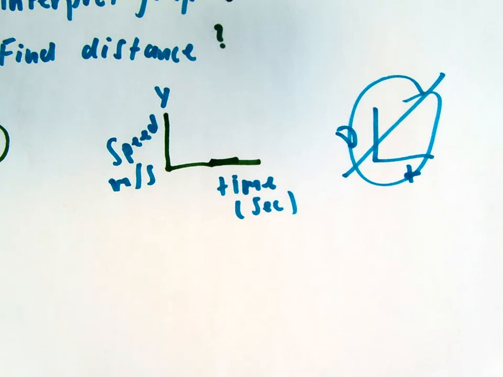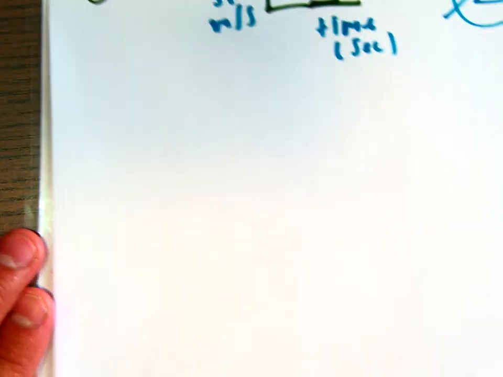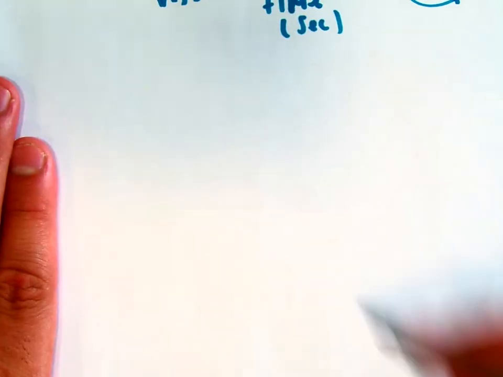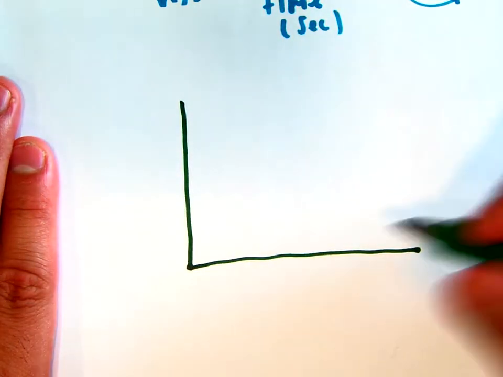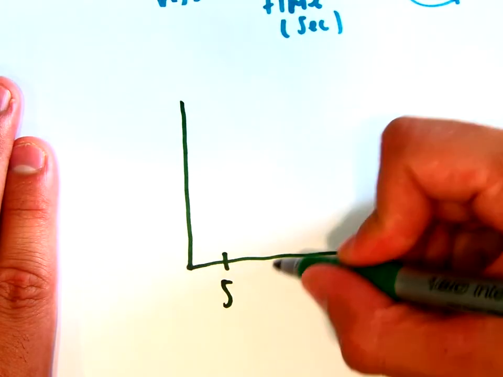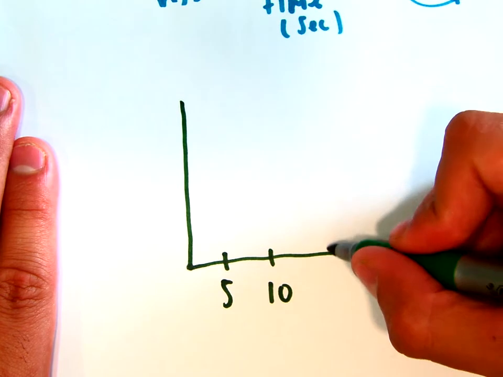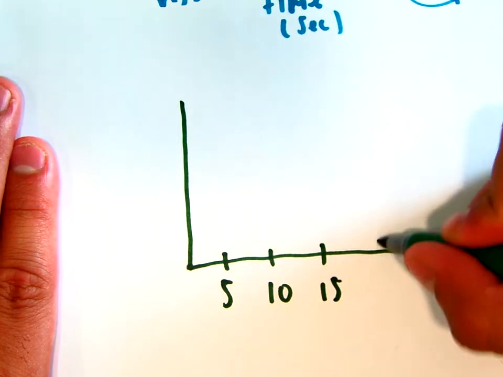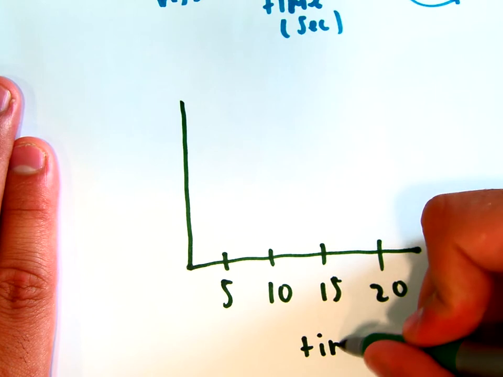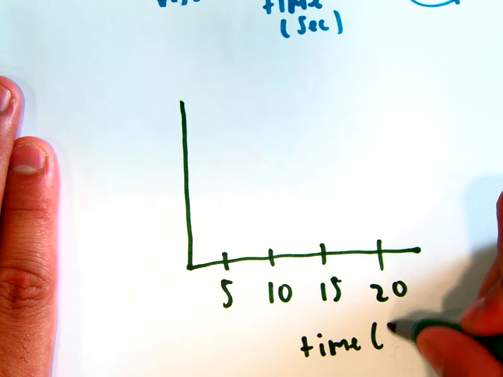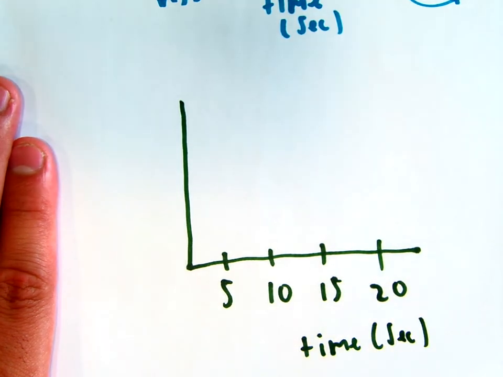All right, let's draw a quick sketch of a graph here. The bottom, which is time, will go by 5. It's 5, 10, 15, and 20. This will be our time in seconds. Okay.